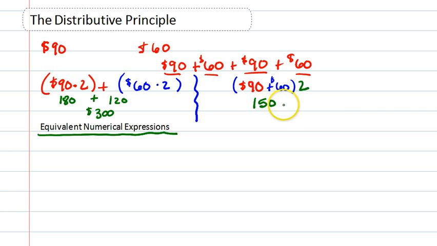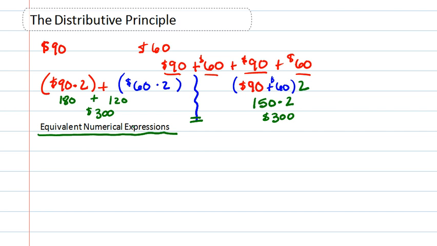Remember, I need to do what's inside the grouping symbol first. I'm going to multiply that by 2, and I also get $300. Notice that the solution to both expressions is $300. That's what makes them equivalent numerical expressions. And the distributive principle is all about the equivalence of those two.